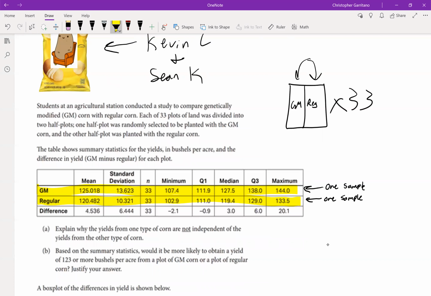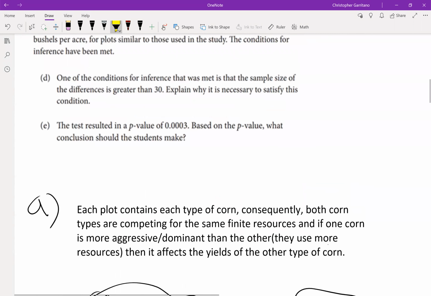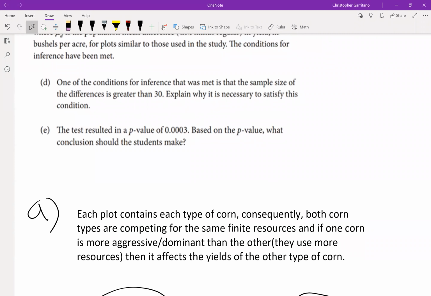Anyway, going forward, part A says, explain why the yields from one type of corn are not independent of the yields of the other type of corn. For this answer, I borrowed one of the answers from the question stream, and I believe this was Selena's answer, and I modified it slightly. I said that each plot contains each type of corn.